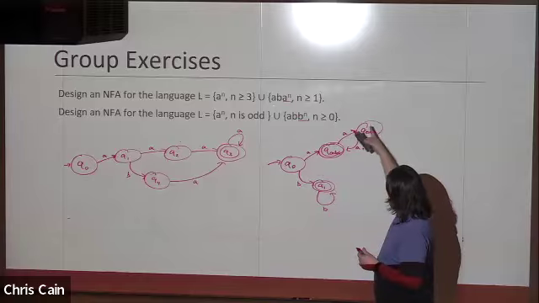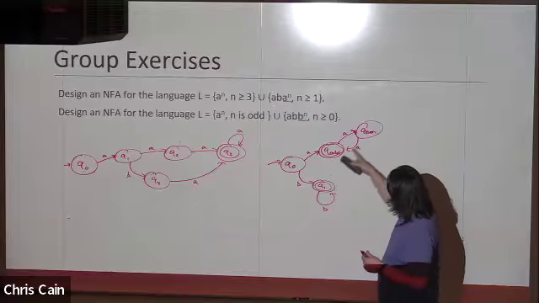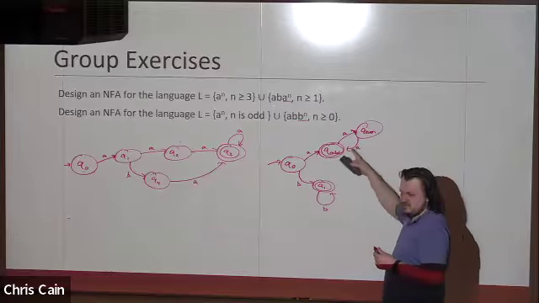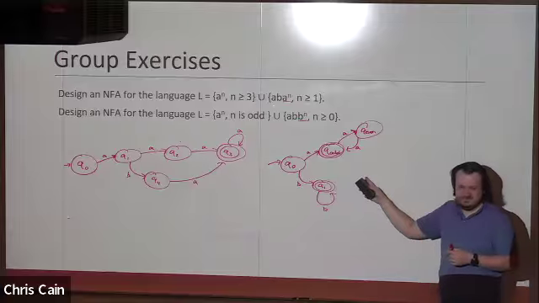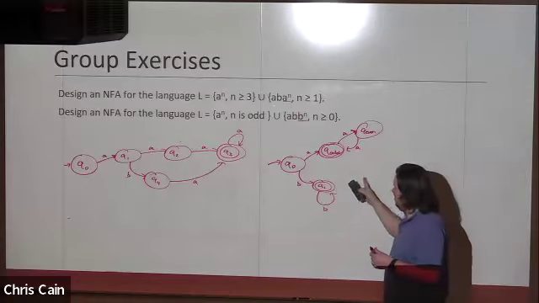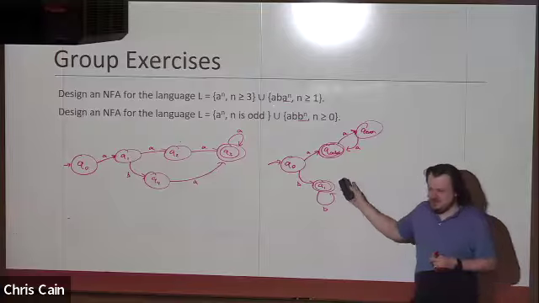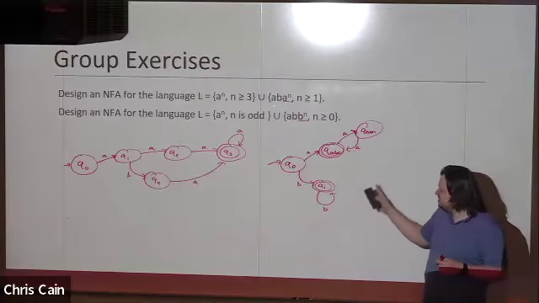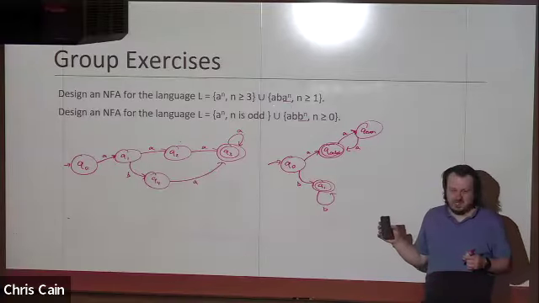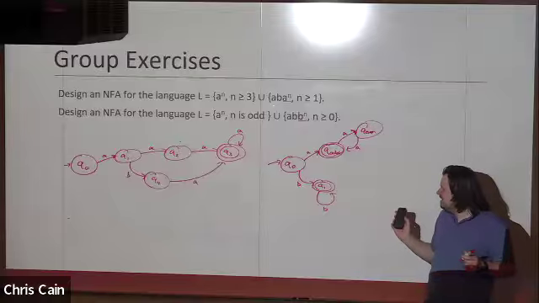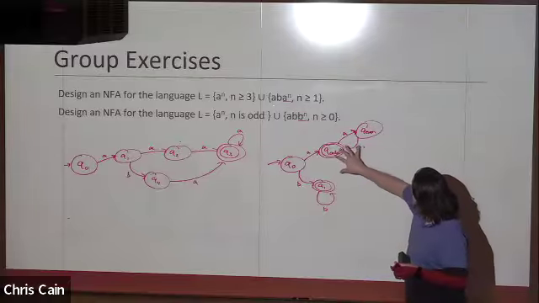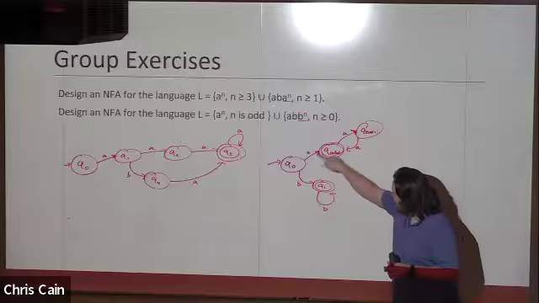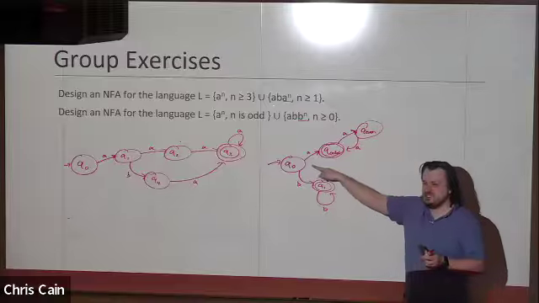The issue here is, can we go to Q even and back, and Q even and back, and then take that B? And the answer is we don't want to allow for that. What's tricky about this solution is trying to figure out whether we can combine certain states or not. For instance, could we take this Q odd and Q even and make that between Q odd and Q0 instead?